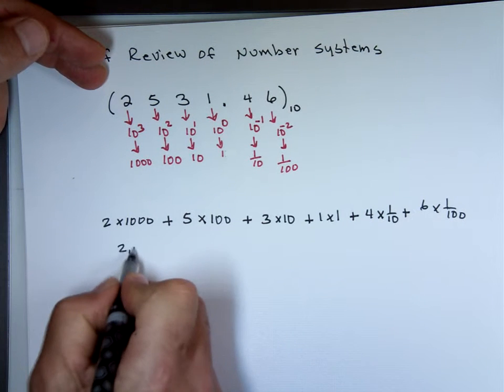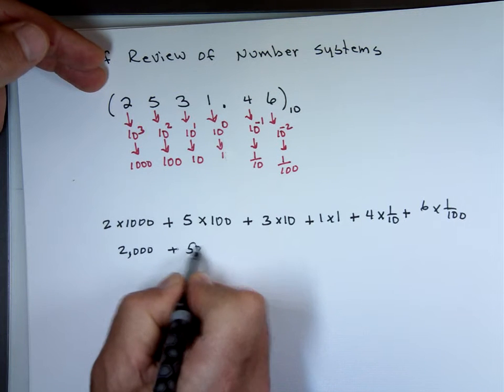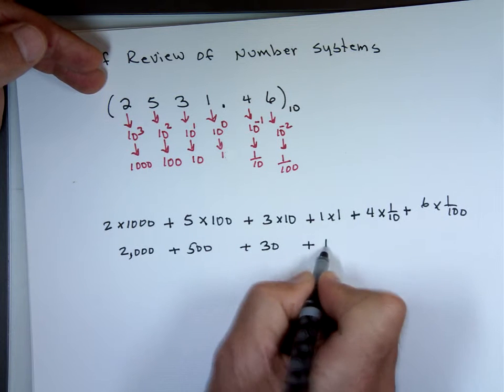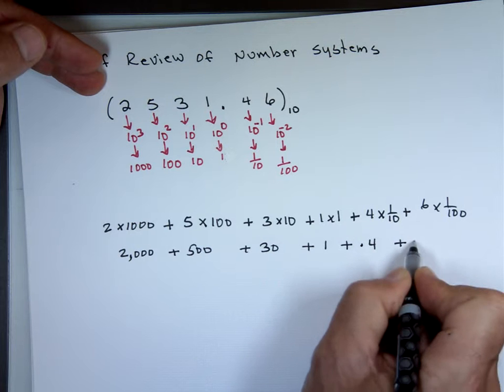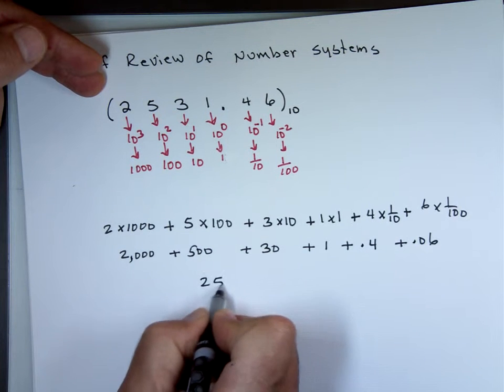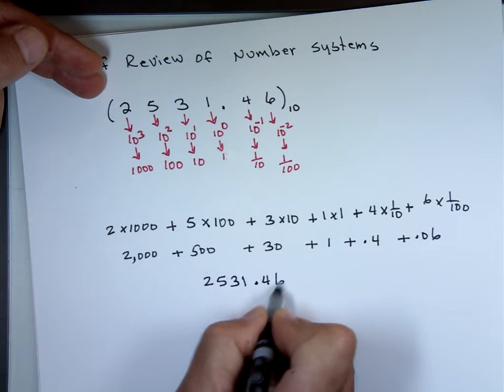That's the 2,000, the 500, the 30, the 1, the 0.4, 0.06. And when you add them, that's 2531.46.